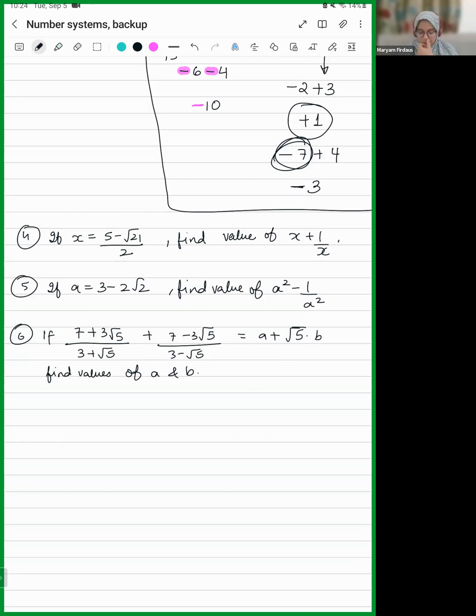Which question do you want to do in the class, and which two can you take as homework? The fifth one. You want to do the fifth one in the class? Yeah. Okay, fine. This one is homework and this one is homework. And it's okay if you're not able to do it.